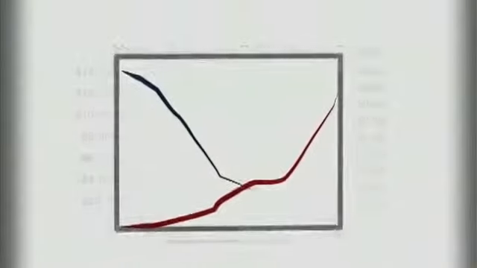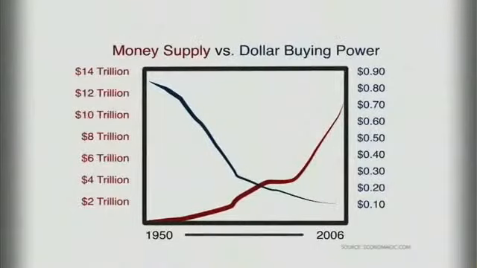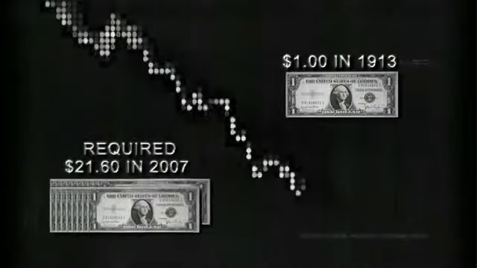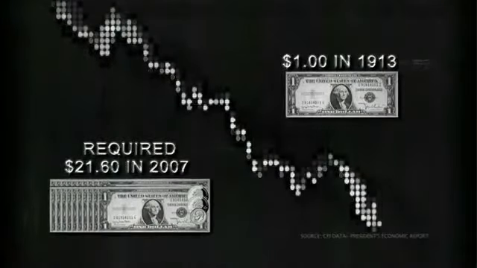In fact, a quick glance at the historical values of the US dollar versus the money supply reflects this point definitively, for the inverse relationship is obvious. $1 in 1913 required $21.60 in 2007 to match value.